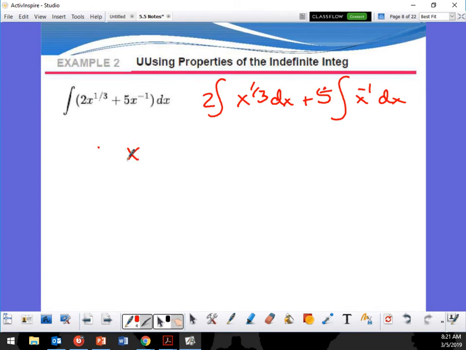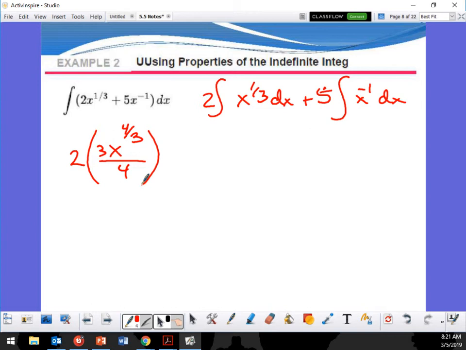It's x to the 4/3 because I'm adding 3/3, and then it's over 4/3, so times 3/4. But there's also the 2 out here, so it's 3/2.